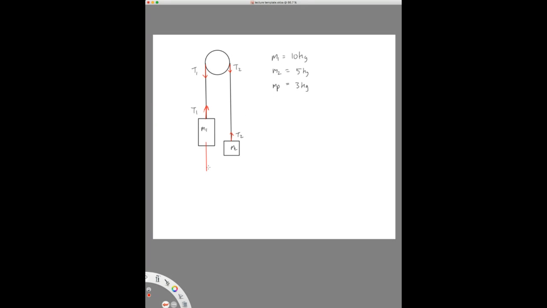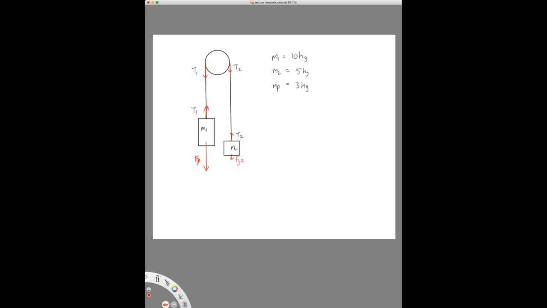So there's going to be a big force of gravity 1, and then a small force of gravity 2. I mean, my scale's probably not great. Force of gravity 2 has to be smaller than the tension 2 so that mass 2 can go up. That's kind of why I drew it so small.